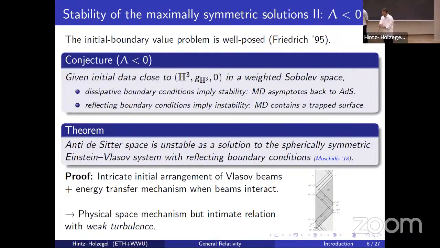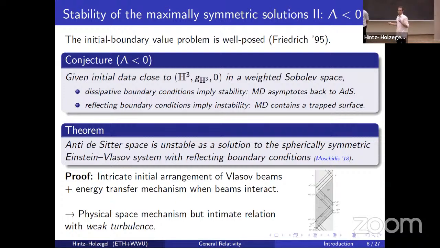And let me focus on what is perhaps the most interesting case from the point of view of stability, which is the case lambda smaller than 0. As I said, there the local problem is an initial boundary value problem. You have to impose boundary conditions at the conformal boundary.